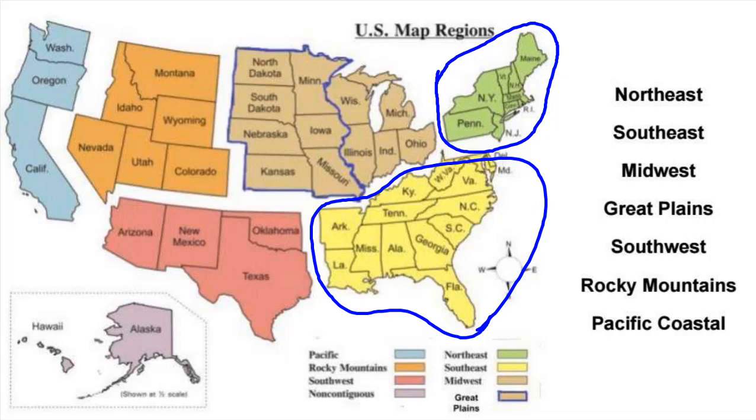Now, this map that I found online lumps what is referred to as the Midwest in with the Great Plains, and that is very, very inaccurate as far as the terminology that the New York State curriculum and the State Regents exam will use.